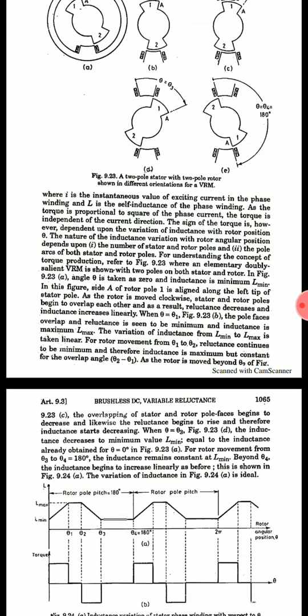For rotor movement from theta 3 to theta 4, equal to 180 degrees, the inductance remains constant at its minimum value. Beyond theta 4, the inductance begins to increase linearly.